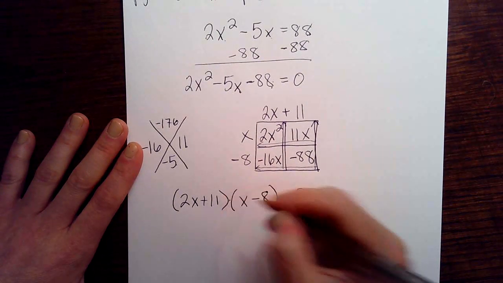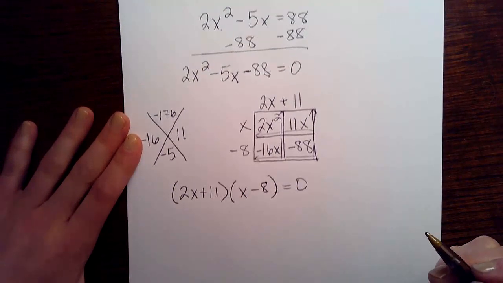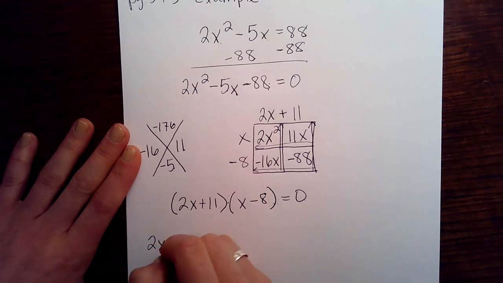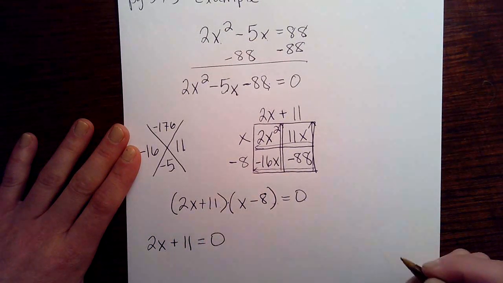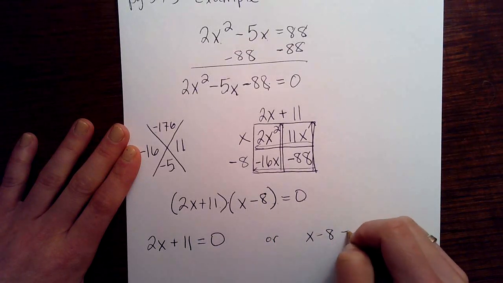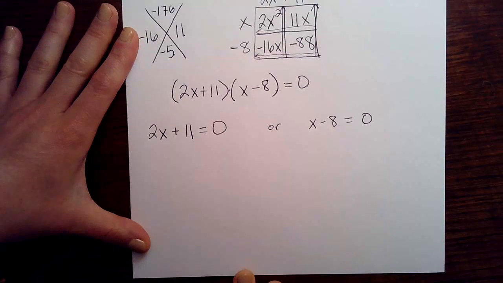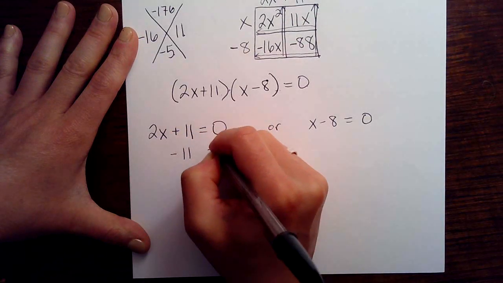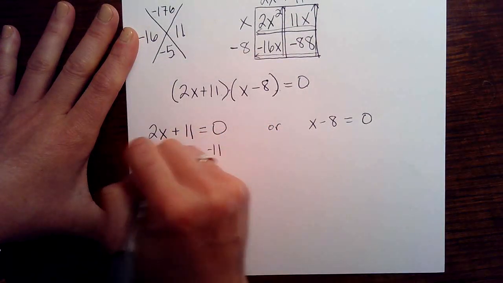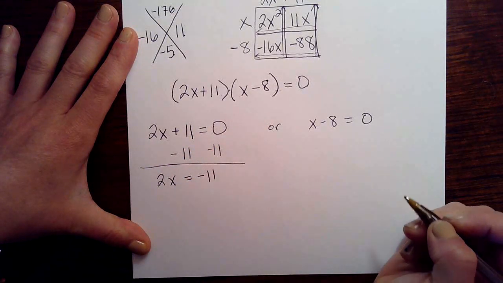I said that with the zero product property, one of these two factors must be equal to 0. Either 2x plus 11 equals 0, or x minus 8 equals 0. Slide this down. To solve for x, I first undo addition. 2x equals negative 11.